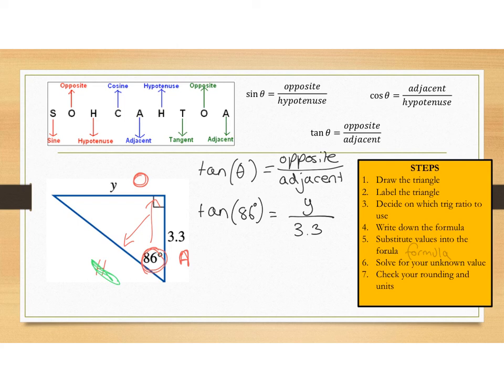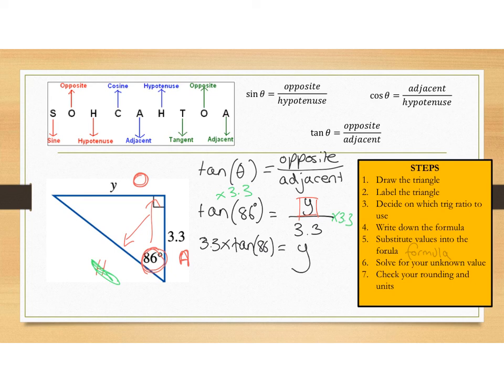Now comes the fun part, the algebra. So I want to get this y by itself. So I need to undo the operation of that y being divided by 3.3. So I'm going to multiply, the opposite of divide, on both sides by 3.3. And what that leaves me with is 3.3 multiplied by tan of 86 is equal to y.